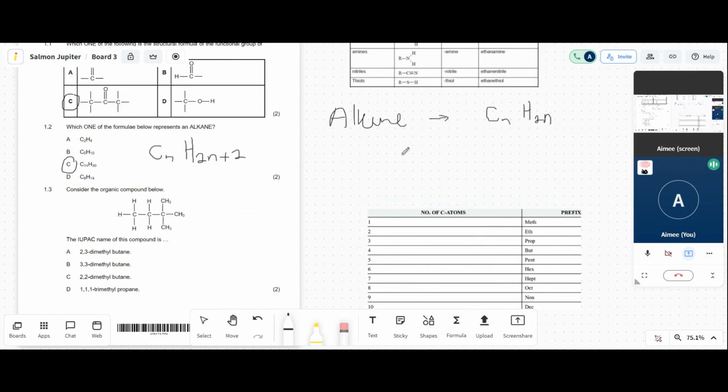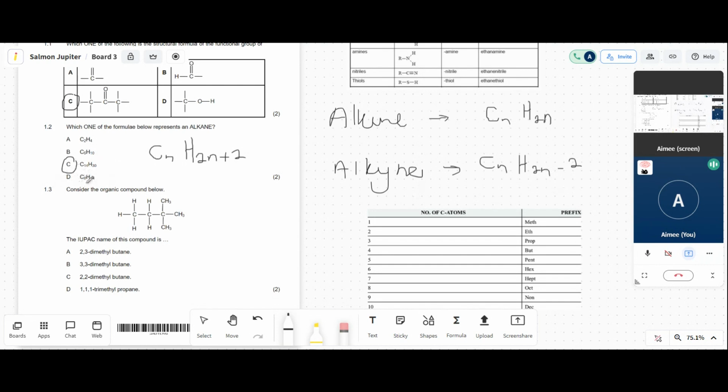Okay? And then our general formula for an alkyne is CnH2n minus 2. Okay? So we can have a look at D, for example.